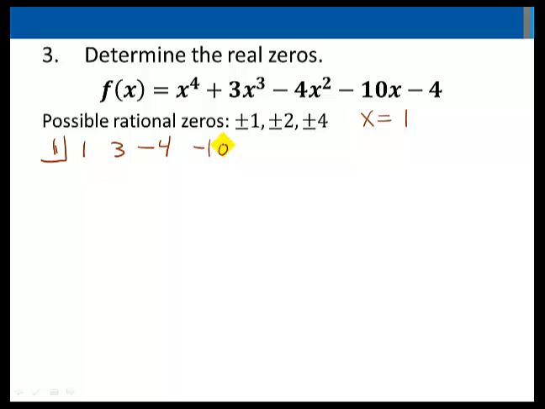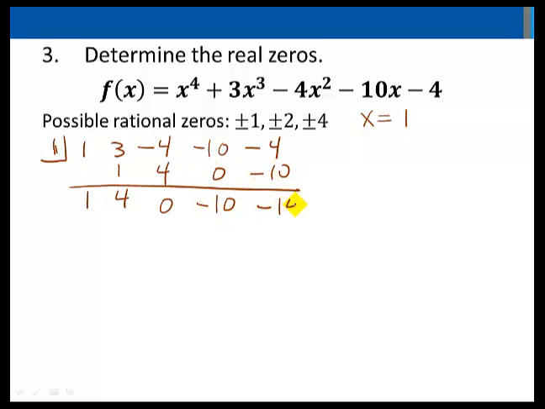And in doing that, I will be looking for a remainder of 0. It looks like here we will have a remainder of -14. Not having a remainder of 0 tells me that x equals 1 is not a zero.